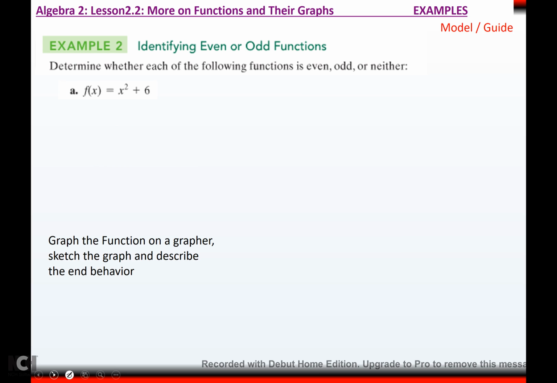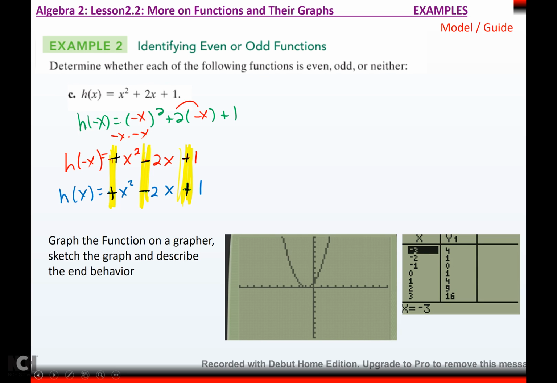So if I look at the signs, one didn't change. Sorry, that was a plus too. That did change. So didn't change, did change, didn't change. So some did, some didn't, which makes it neither.